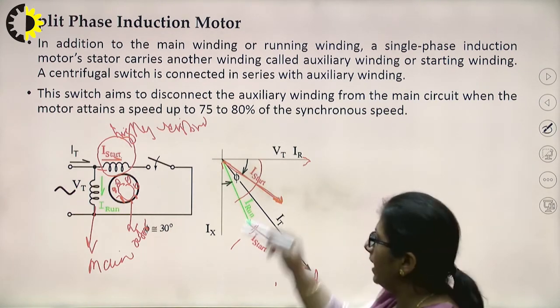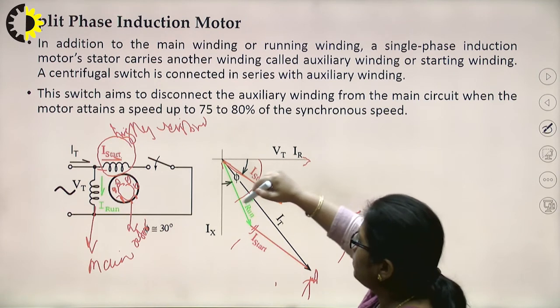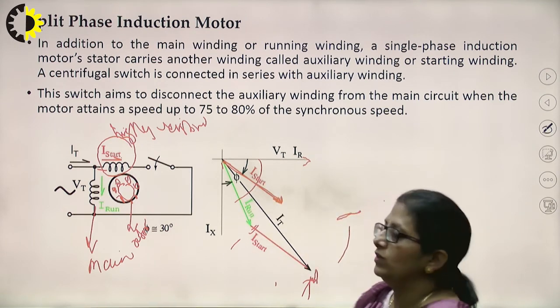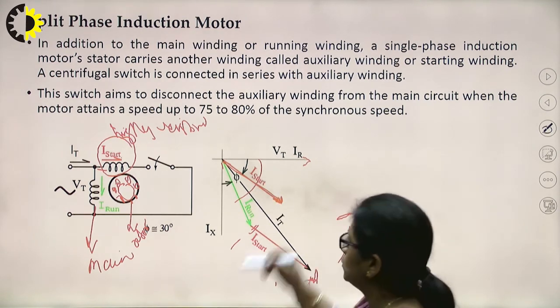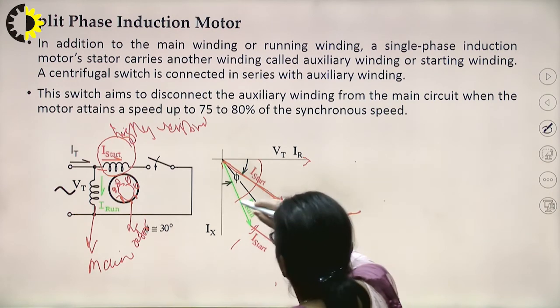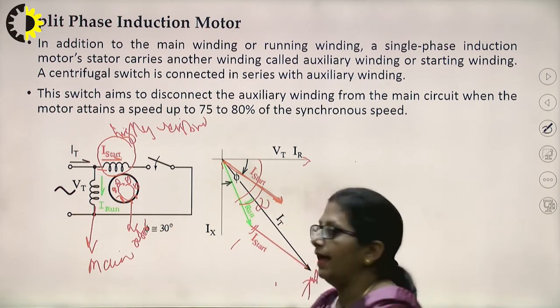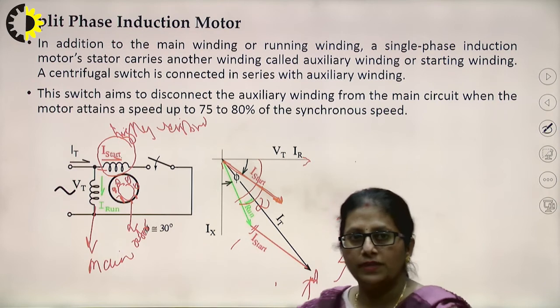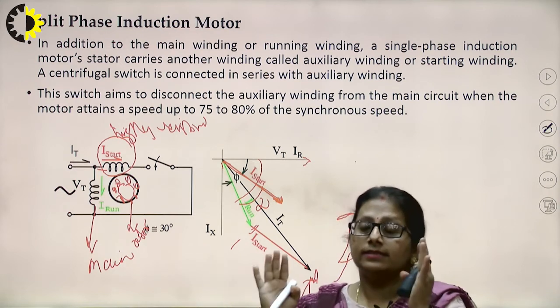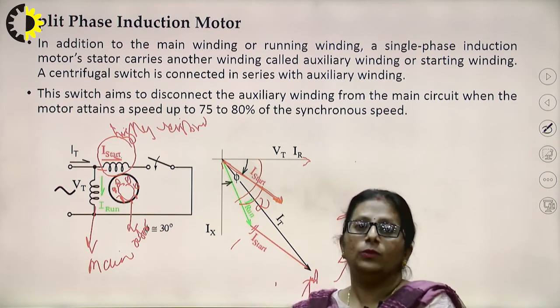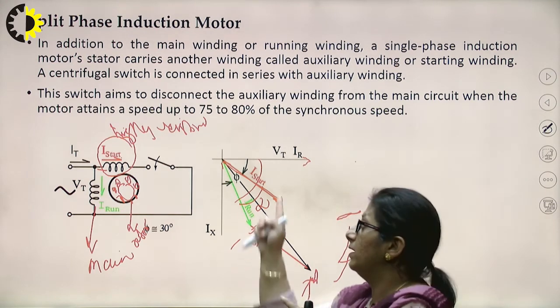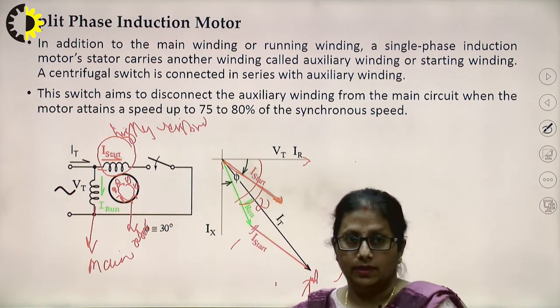Once again, I am having a nice split angle between the two phases. I used to call that alpha, the split angle between the two phases. Obviously, the amount of starting torque produced is proportional to the split angle between the two phases, right?